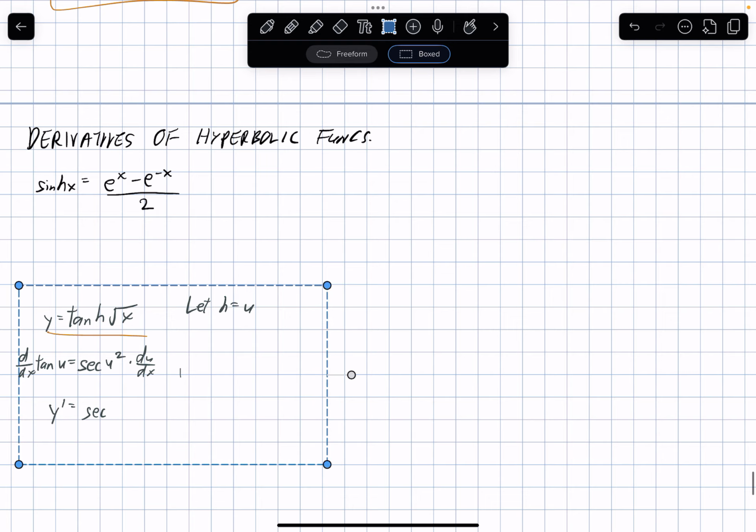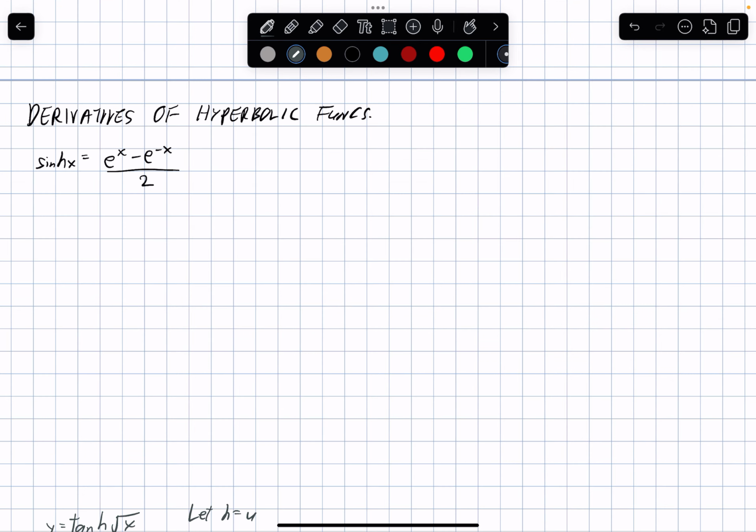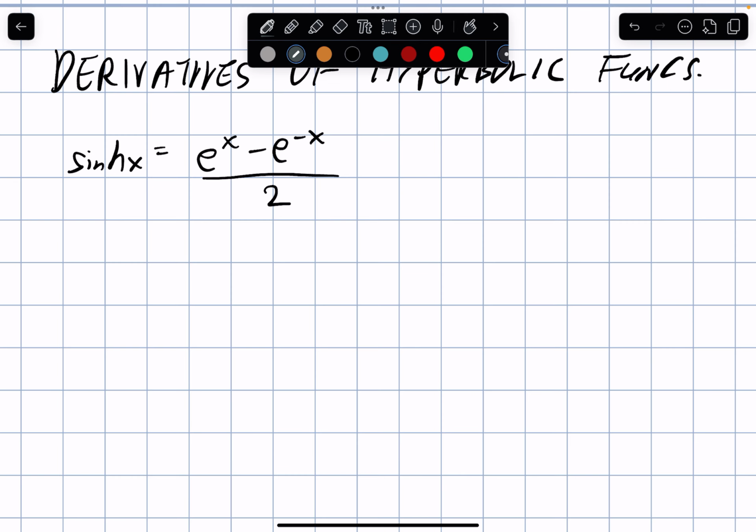So if you want to find the derivative of sinh x, it appears that we don't have to use the quotient rule. You just have to find the derivatives of the terms in the numerator. So e raised to x, and then plus e raised to negative x.